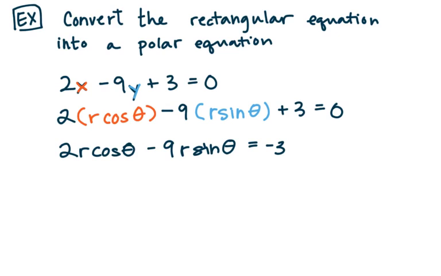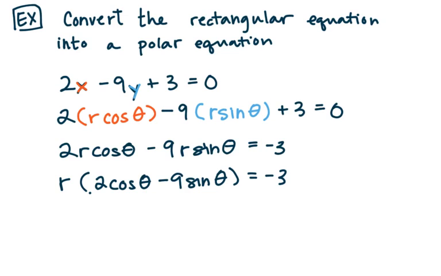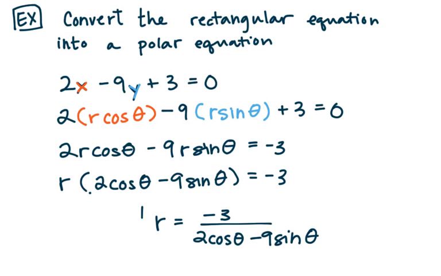I will factor an r out on the left: r times (2 cosine theta minus 9 sine theta) is negative 3. Now I can isolate r. R is negative 3 over 2 cosine theta minus 9 sine theta in the denominator.